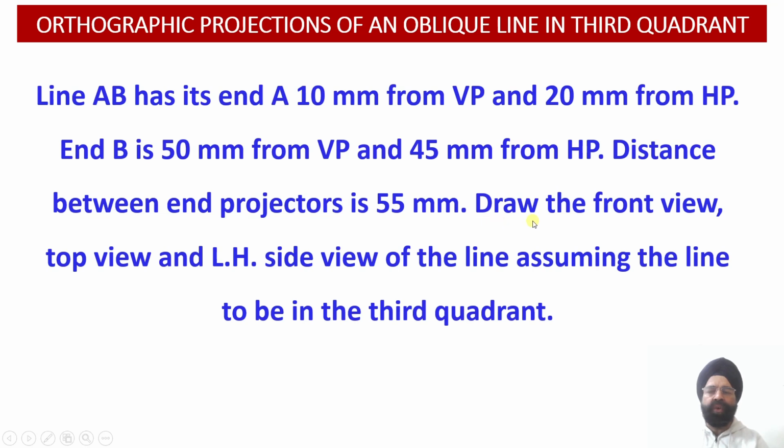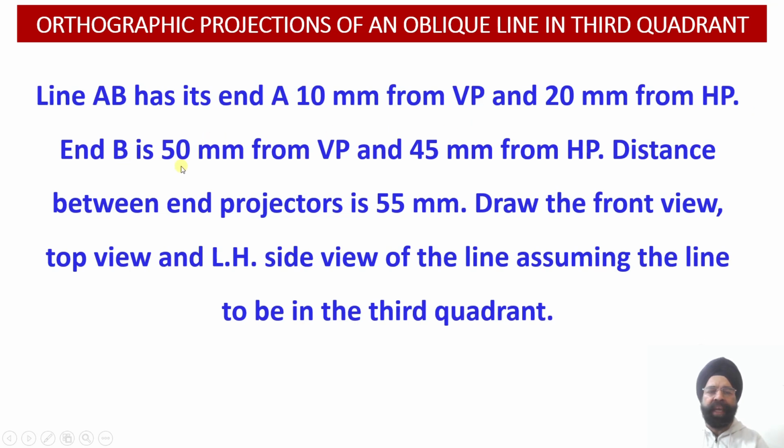We are required to draw the front view projections, the top view projections and the left hand side view projections of the line, assuming the line to be lying in the third quadrant. Now since the line lies in the third quadrant, the end A we are going to assume lies 10 millimeter behind the vertical plane and 20 millimeter below the horizontal plane.